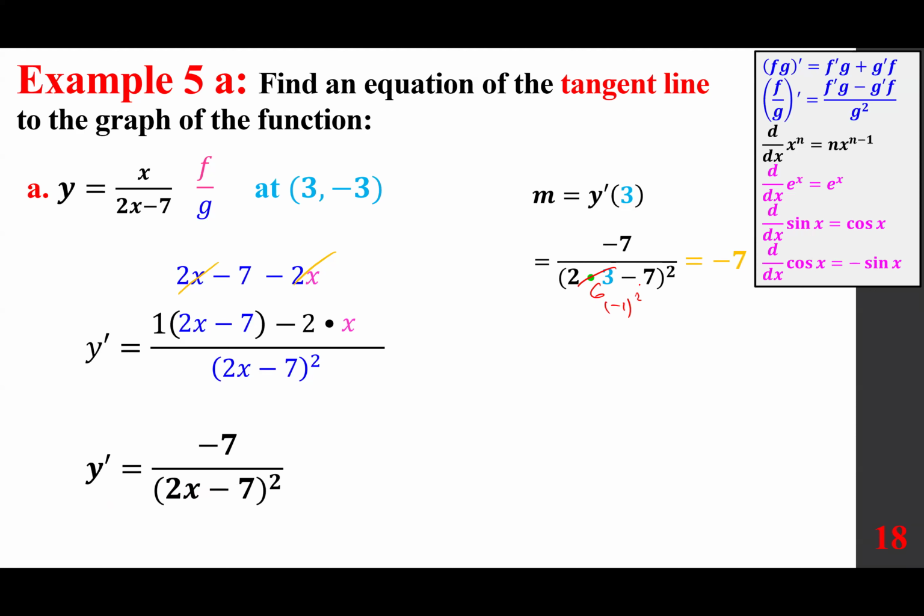y minus y1 equals m times x minus x sub 1, which means y minus negative 3, which makes it plus 3, equals m, negative 7, times x minus x sub 1, x minus 3.